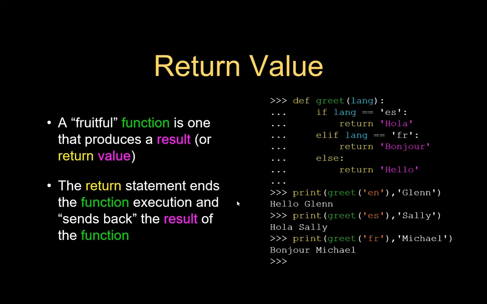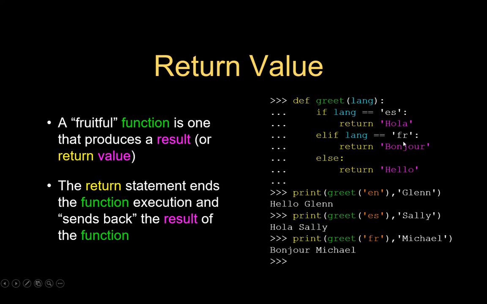Okay, so here we're going to talk about an example of this. It's similar to the previous code that we had. Here we're going to define the greet function. It says that if the lang, which is the parameter and is holding our argument, is equal to es, return hola.